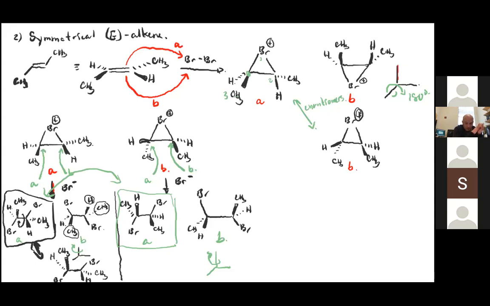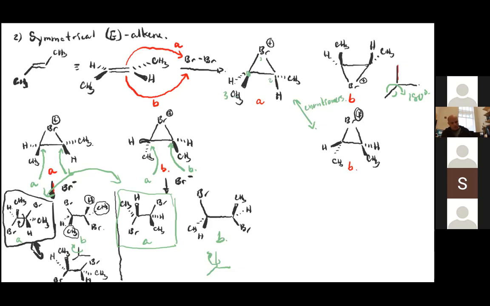So if we take the A on the right and rotate in plane by 180 degrees, you have the same molecule as on the left. And we already established that the molecule on the left is meso. And so from all of this complicated analysis, the answer is you end up with one compound and it's meso. Okay.